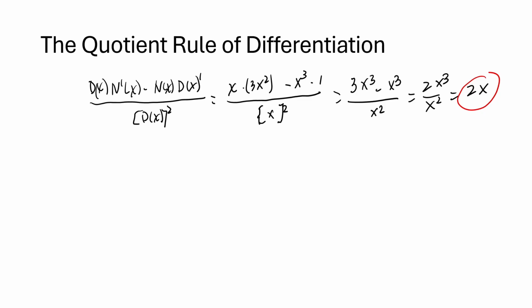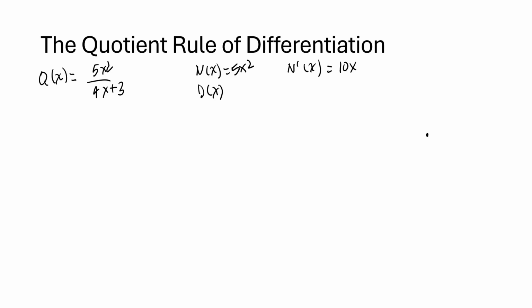That's a simple example. Now let's look at another example, a little more complicated. Q of x in this case is going to be equal to 5x squared divided by the quantity 4x plus 3. In this case, n of x, the numerator, is 5x squared. N prime of x is just going to be equal to 10x.